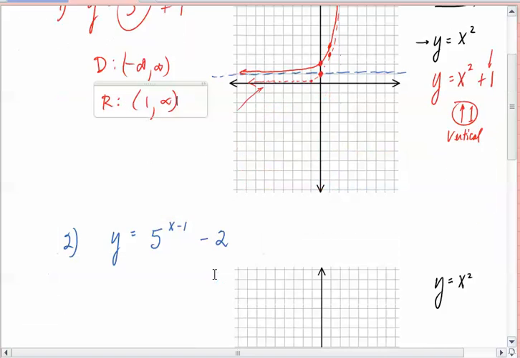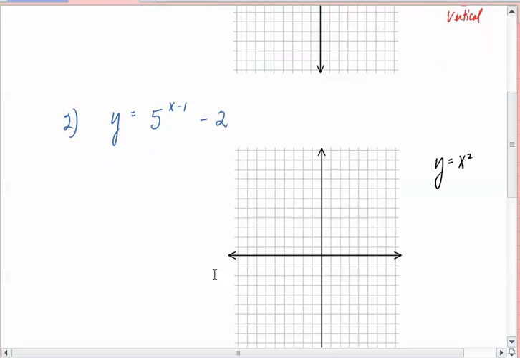All right, let's take a look at another one where there are more transformations happening. Again, I'm going to start with the familiar parent graph of a parabola. Now, I'm going to make a horizontal adjustment. That was a vertical one, right? When we see a horizontal adjustment, remember that the adding or subtracting is happening inside with the x.